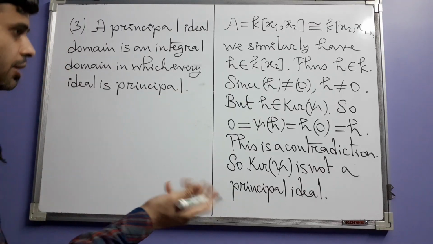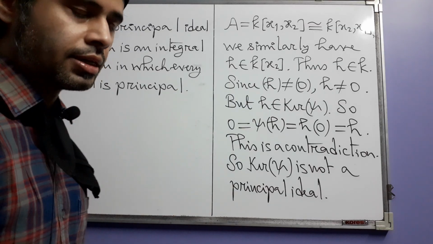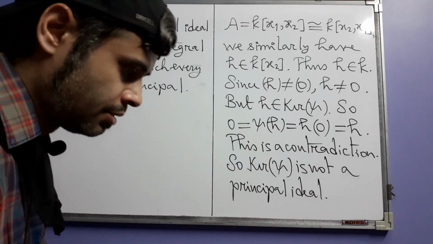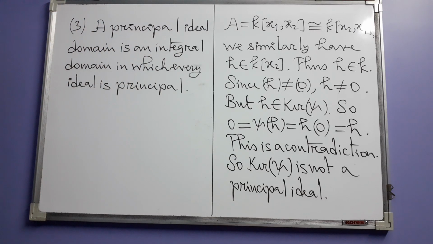For example, a Euclidean ring. Any Euclidean ring is a principal ideal domain. Alright.